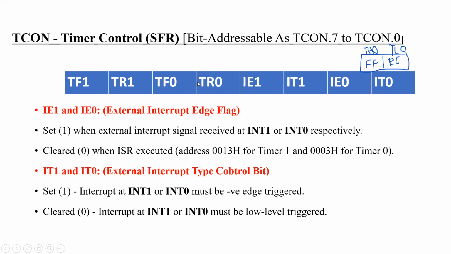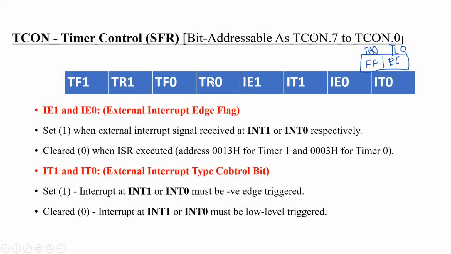Overflow bit means when an overflow occurs, this bit is set to 1. When timer 0 counts up and reaches FFFF, the next count rolls over to 0000, and then the overflow flag is set.